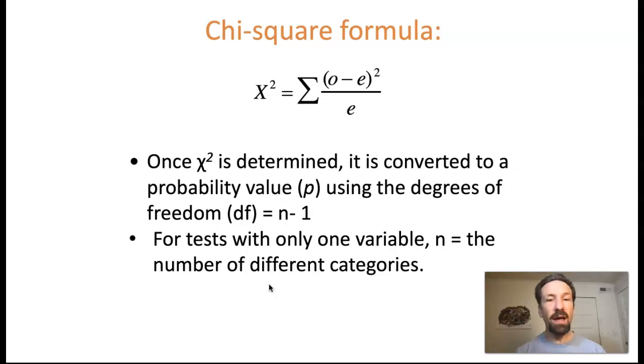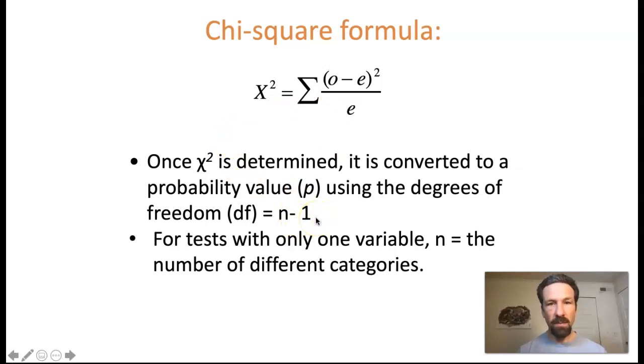We now can use that to determine the p-value if we know one more number. And the additional number that we need to know is the degrees of freedom, typically abbreviated as df, and that is going to equal n minus 1. N is the number of categories.